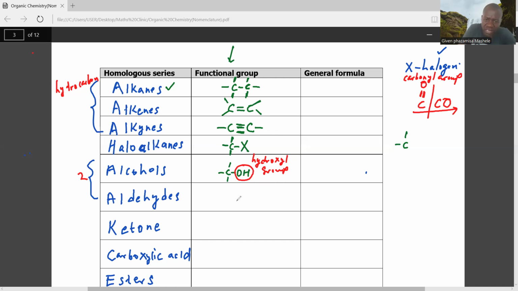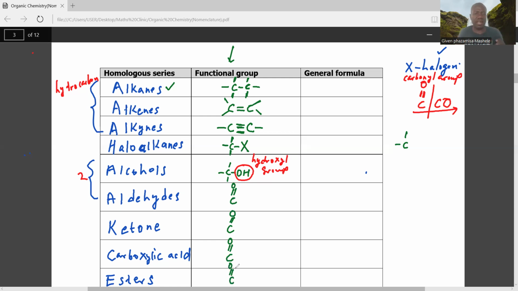So in an aldehyde, the carbonyl group is still there. Also in the ketone, we still have the carbonyl group. In the carboxylic acid, there is also a carbonyl group there, but not as a separate functional group. Even in the ester, we also have a carbonyl group.